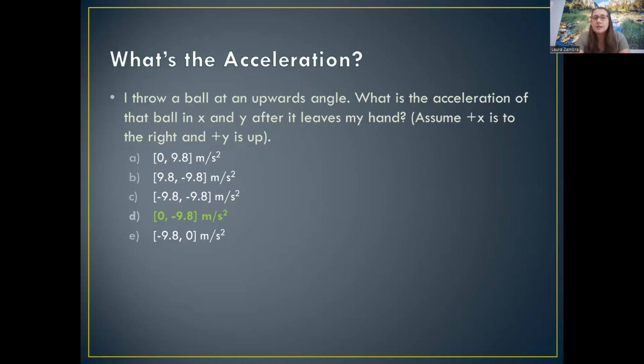But this tells us that an object can have a different acceleration in each direction. So once again, acceleration is not something that links the two sets of equations together, because you can have a different acceleration horizontally than you do vertically, just like you can have a different velocity horizontally than you do vertically.